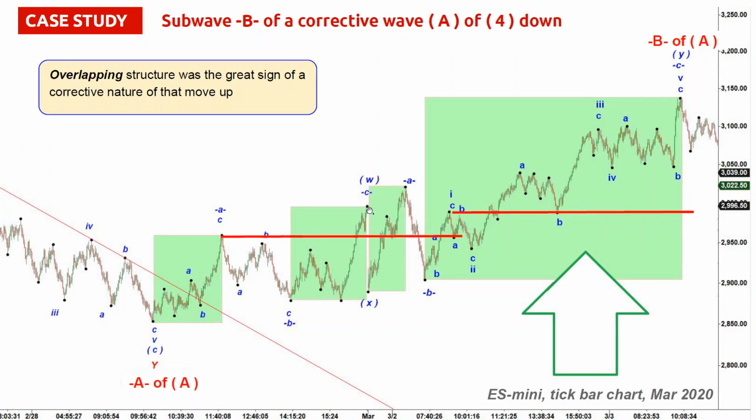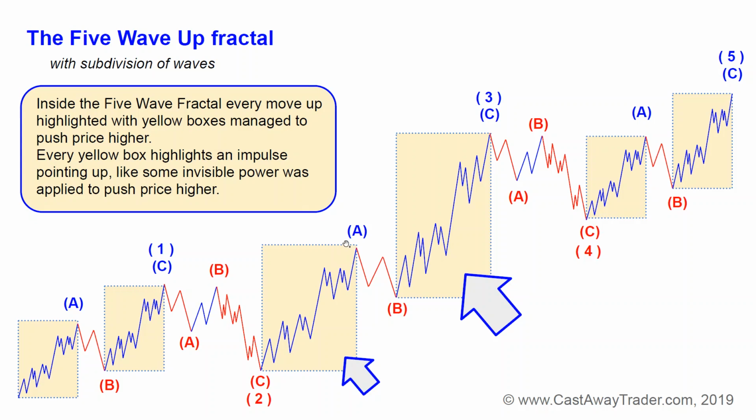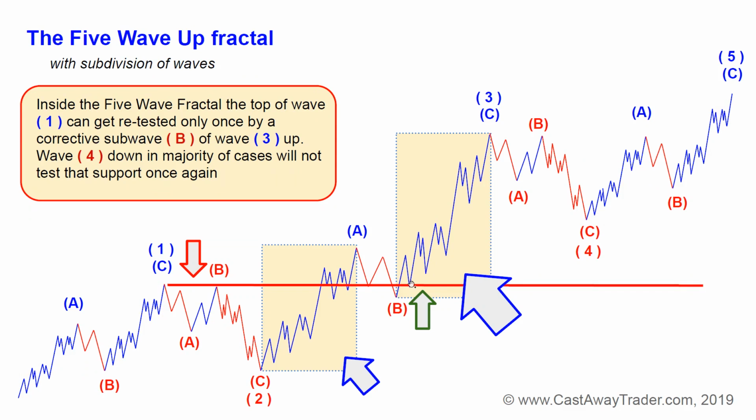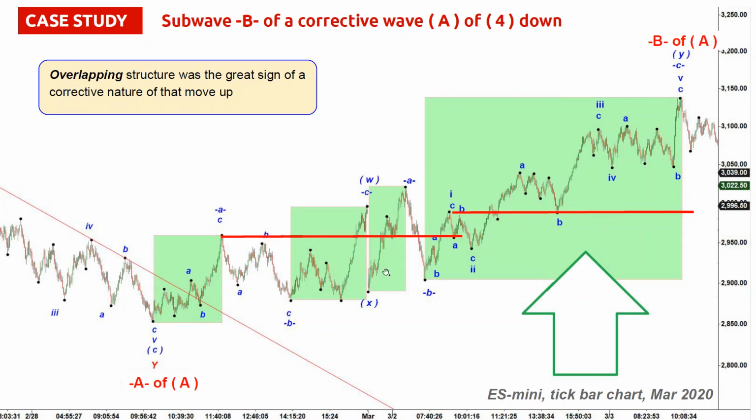But look what happened then. If it was A of 3, as in the diagram, then we should have a shallow zigzag down in subwave B of wave 3 before the strongest part of the rally in subwave C of 3. But let's see what actually happened. We got a very strong drop down with a gap.